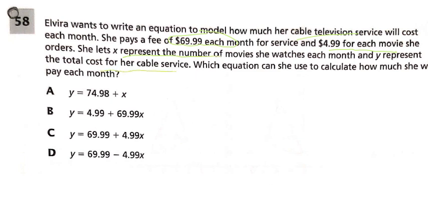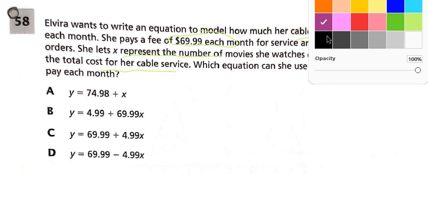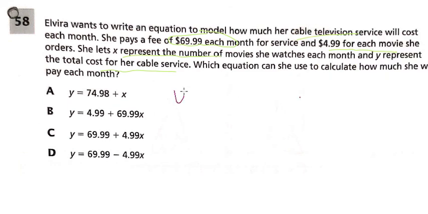So we should have enough experience with these right now to know which one of these represents our slope. Our slope should be attached to some phrase like each or per or something. But if you look here, this is attached and this is also attached to that same word. So let's go ahead and think about our variables here. So our variable is the number of movies she watches.